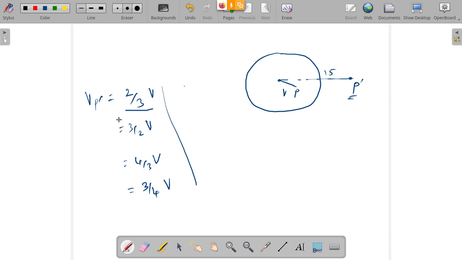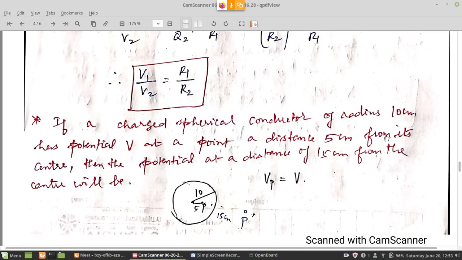See, if the sphere has a radius, let us say capital R, then you write the potential at the surface as V equals 1 by 4 pi epsilon naught times Q by R, where Q is the charge. This is the potential on the sphere. Now the sphere has radius 10 centimeter, that is 0.1 meter.